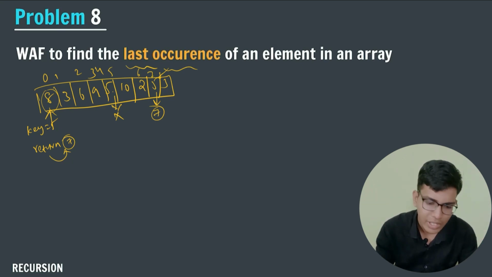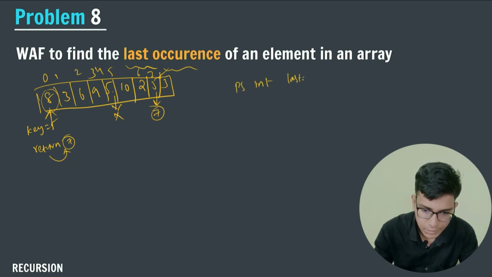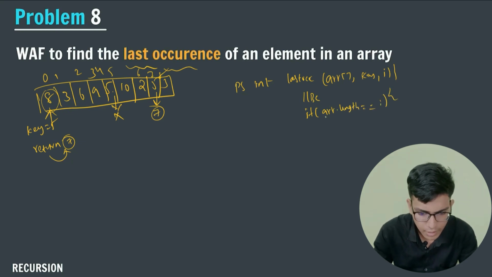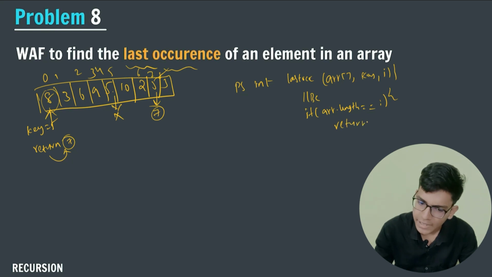Now the pseudocode will remain the same. We will write a public static integer type function, last occurrence, and I am going to pass my array, the same key, and then my index. Here the base case will remain the same: if arr dot length is equal to I, then return -1, that is, the key is not present in my array.